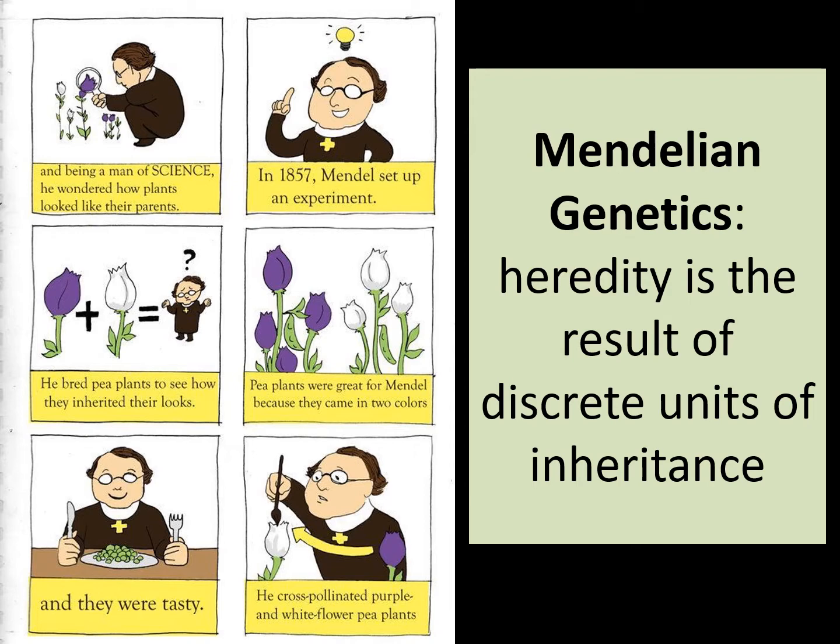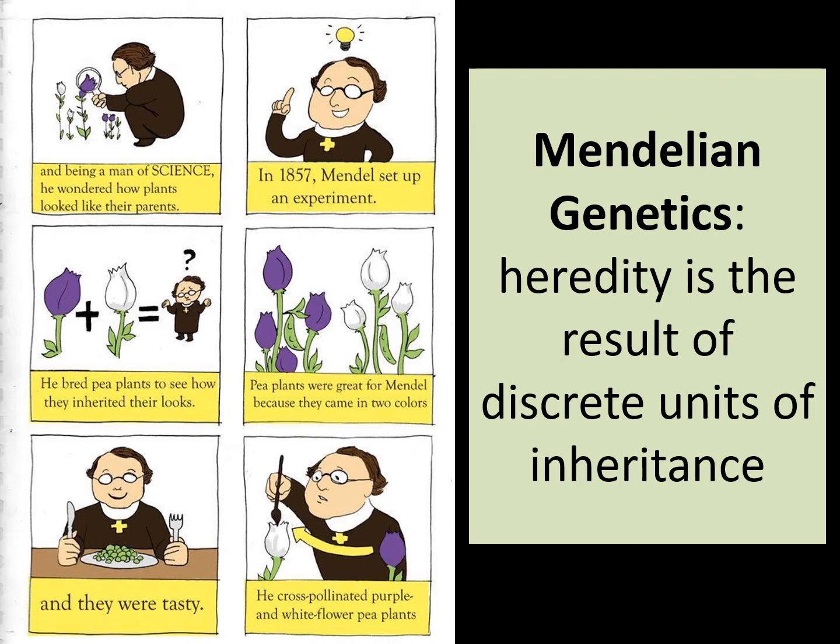The reason why it is called this is because in 1857 there was an Austrian monk, and he was fascinated with plants and botany. So he decided to set up some experiments with pea plants. He grew them in the monastery's garden, and he started doing crosses with them.